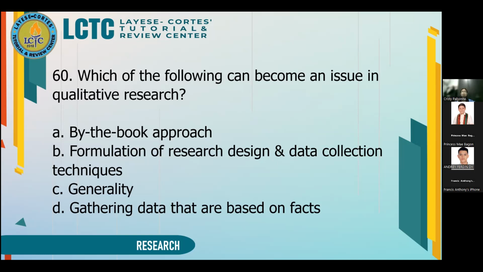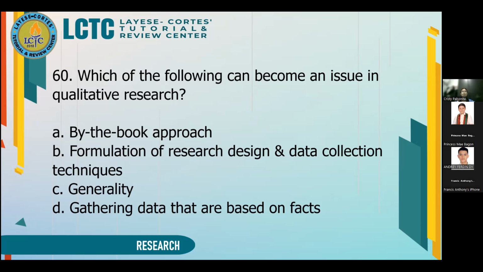This is not an issue in a qualitative research. It is part of the research. A or C? A or C. Halibog. Letter A. Book data that are based on facts. That is research. We must be based on facts, not opinions.